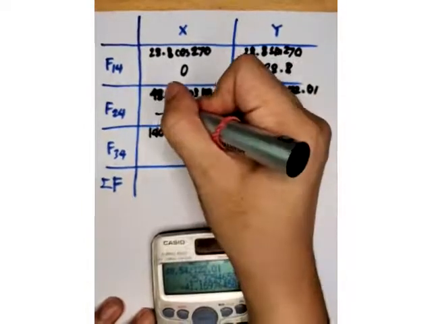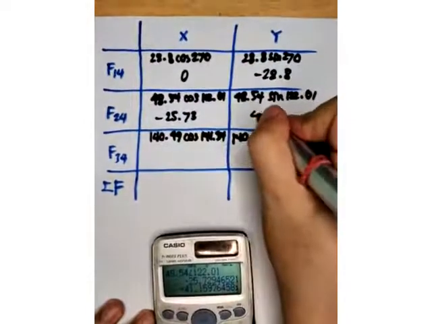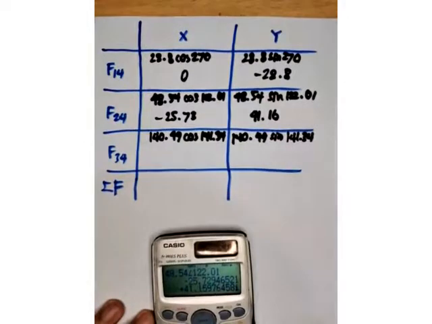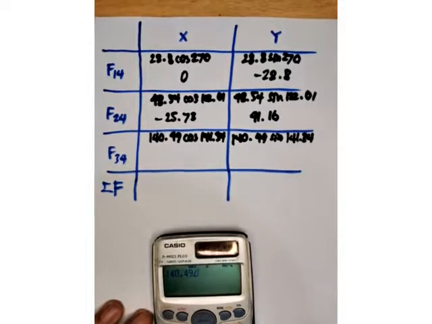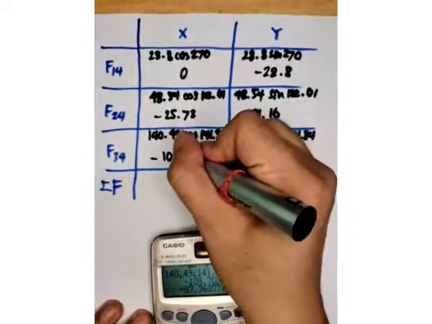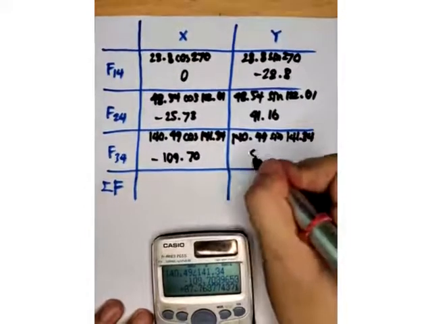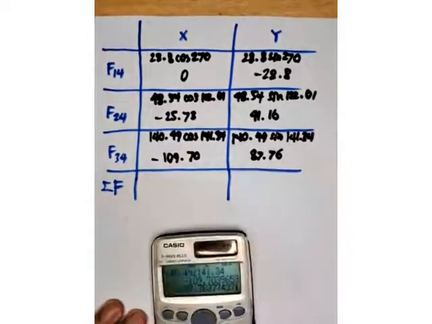Yeah, so this is negative 25.73 and this is 41.16. 140.49 with an angle of 141.34. Okay, negative 109.70 and 87.76. And then you add.